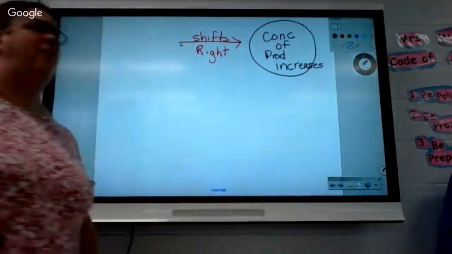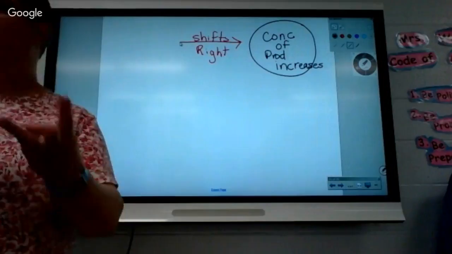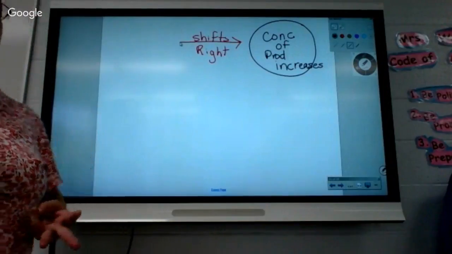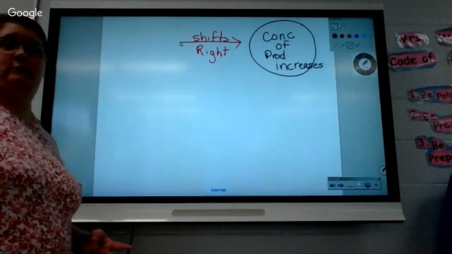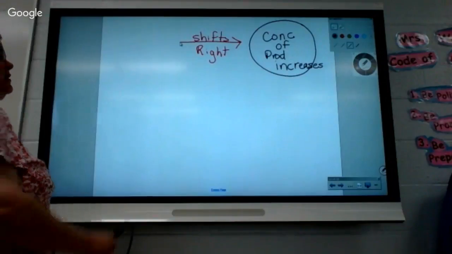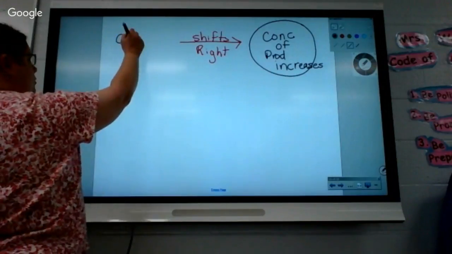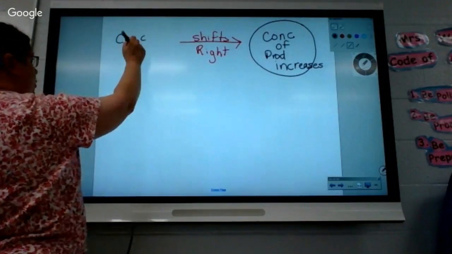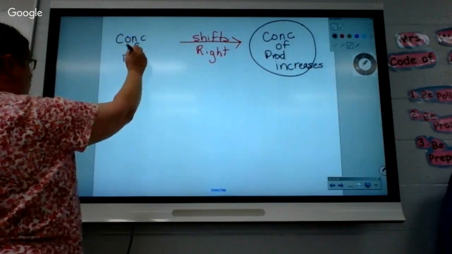Okay? And it doesn't matter if we're talking about temperature, pressure, or concentration. Whatever's on the right is going to increase. Now, that means that whatever's over here is going to do what? It's going to decrease.